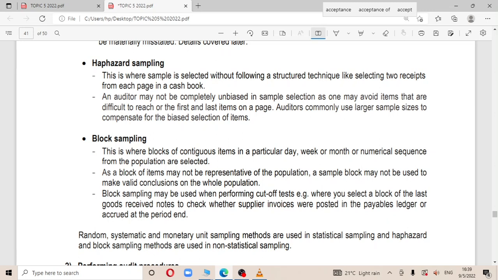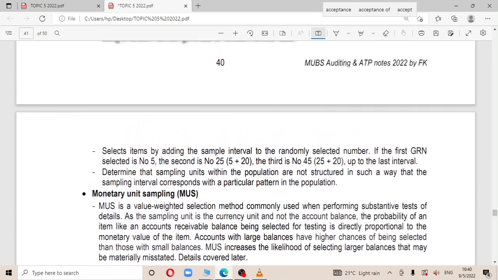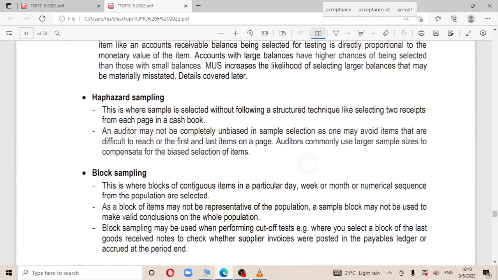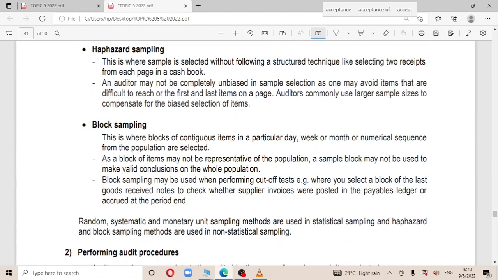So that is block. But from each block, you select the sample using random sampling, yeah? The block sampling just divides. Then after dividing, you come back up here and use these methods. You can select haphazardly, or monetary sampling, or systematic, or random. The block will just divide the population into blocks.